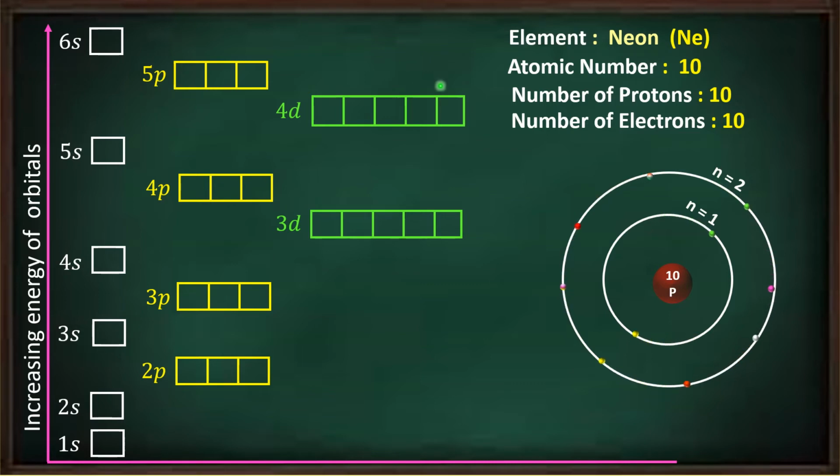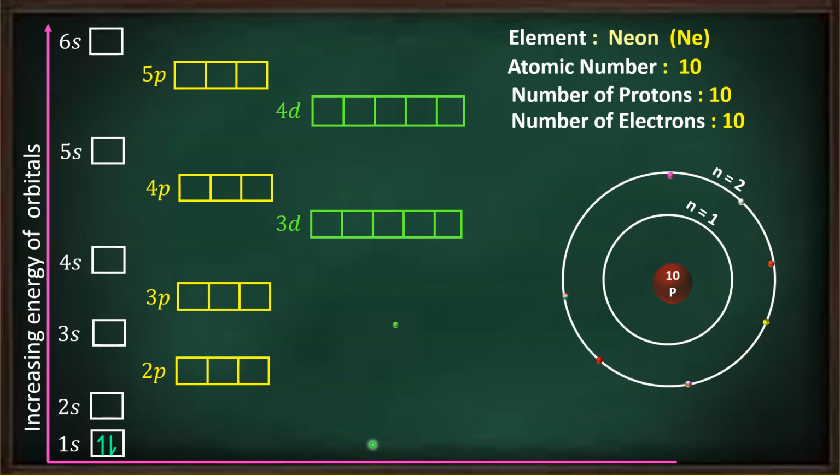Okay, so these orbitals have been arranged as per their increasing energy. The first electron enters into 1s orbital. Second electron, this one, pairs up with this electron.